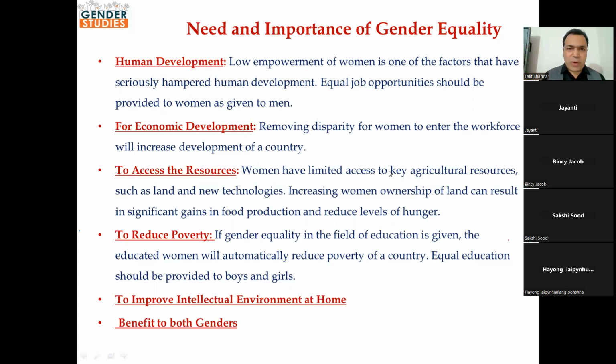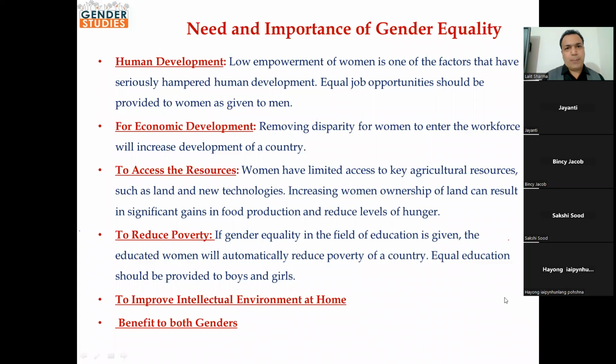Suppose there is one parent having a daughter and a son, and when the daughter gets married, we give the lesser portion to the woman. So this is also disparity, right? Increasing women's ownership of land can result in significant gains in food production and reduce the level of hunger. You have seen that in agriculture and other fields, more and more men are employed.